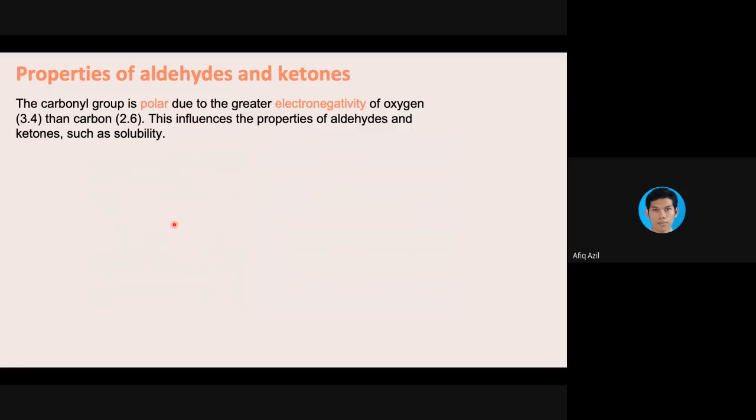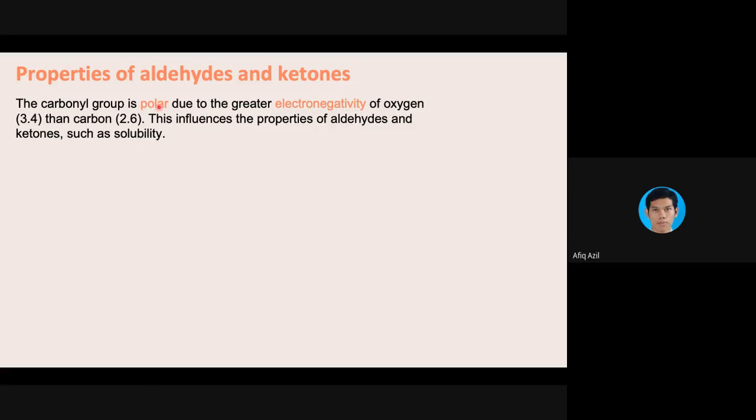Then we will go to the properties of aldehydes and ketones. So the carbonyl group is polar, due to the greater electronegativity of oxygen. The electronegativity value of oxygen is 3.4, while carbon is 2.6.